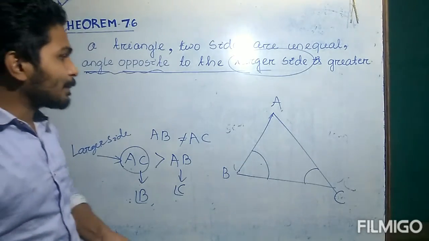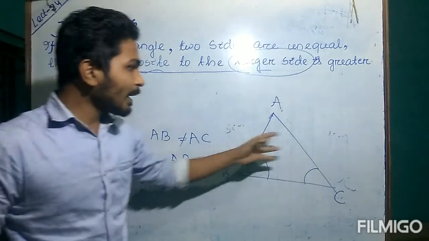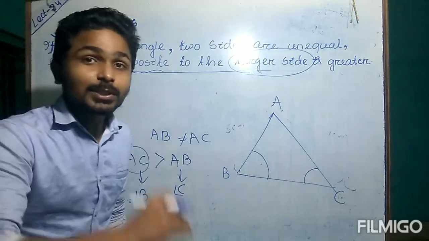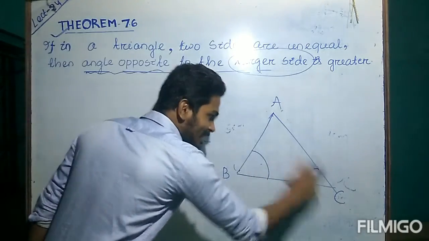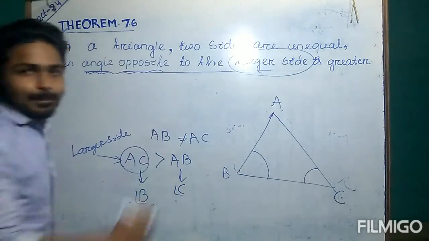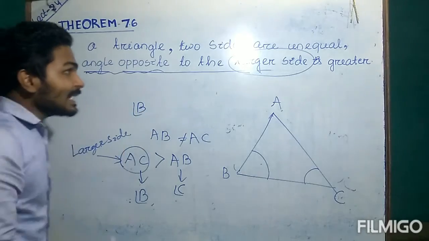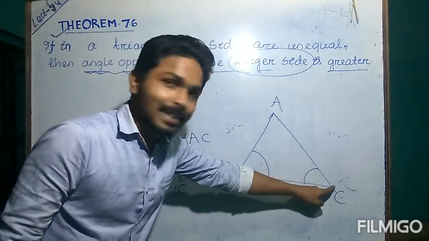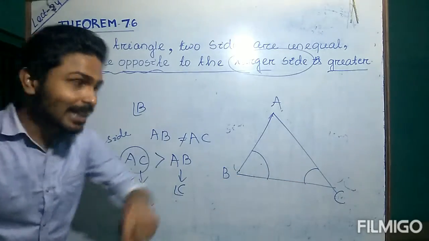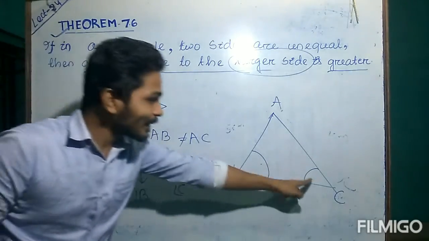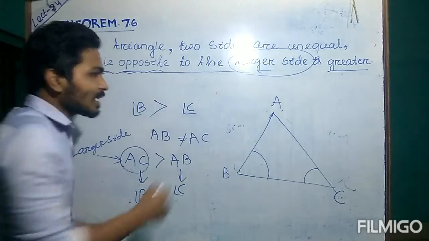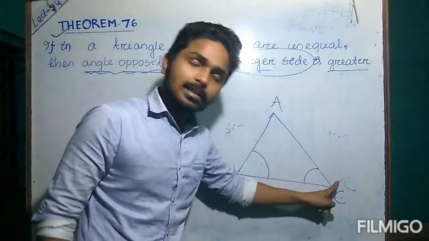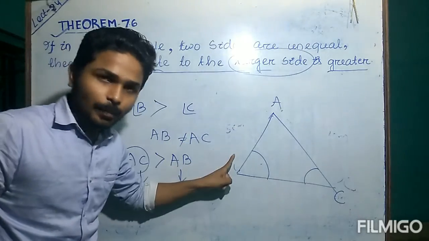Understood? So according to the statement, if in a triangle any two sides are unequal, then the angle opposite to the larger side is greater. Here the larger side is AC, its opposite angle is B. If this side is greater, then this angle is greater than which angle? Then this angle. Do you understand this? Here, as we have taken, AC is the larger side and AB is the smaller side.